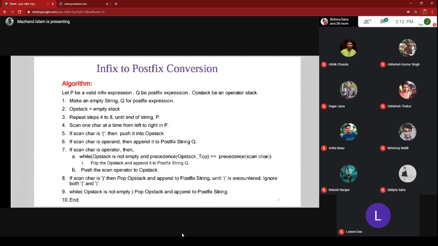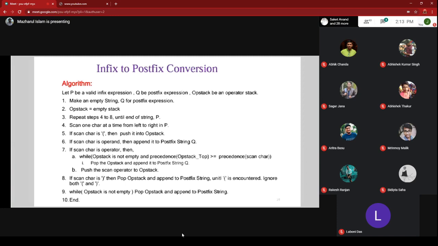And step number 8. In step number 5, we said that if you see the left bracket, it directly will be pushed to the stack. When you see the right bracket in the infix expression, the moment you see the right bracket, you have to pop the characters or operators from the operation stack until you reach the left bracket.